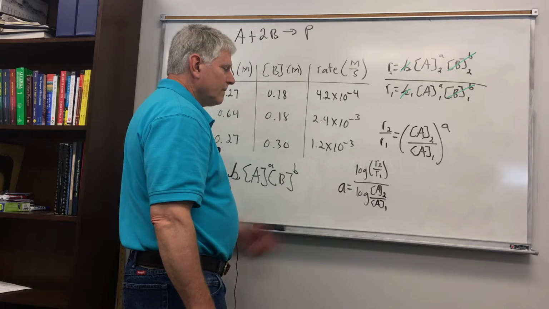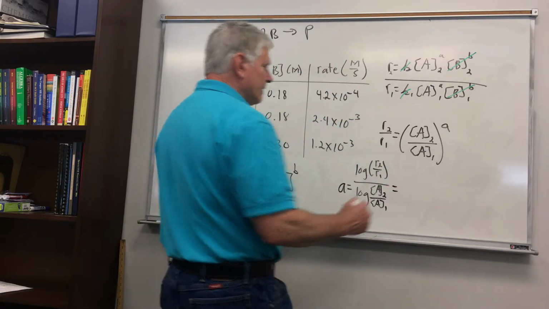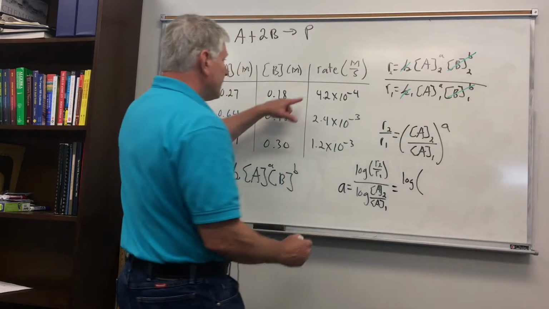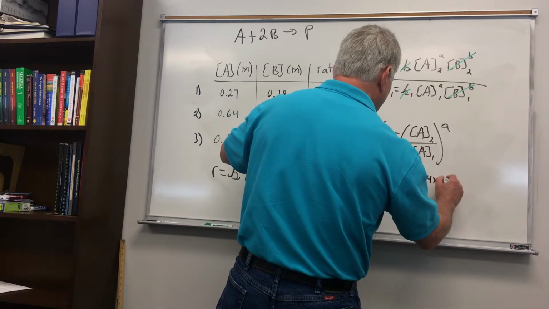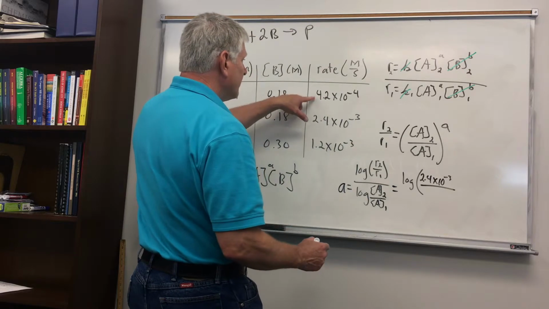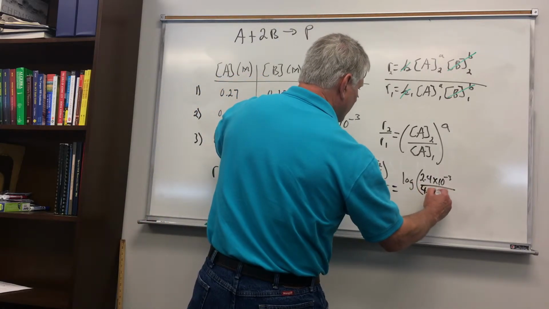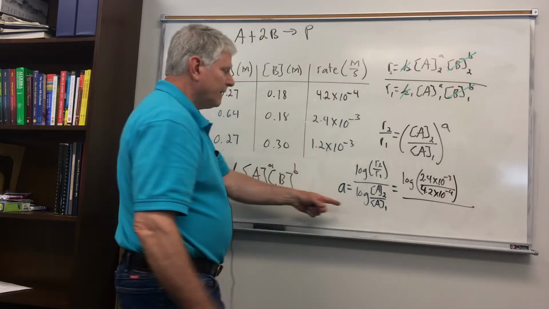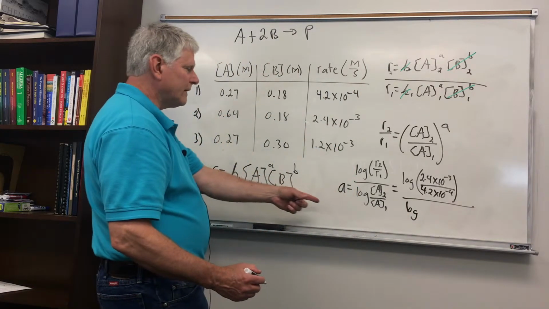Okay, so now we can determine what a is, and we plug in numbers. So I'll have the log of the rate for experiment 2, 2.4 times 10 to the minus 3 molar per second, divided by the rate for experiment 1, 4.2 times 10 to the minus 4. And then divide that by the log of the ratio of the concentrations.